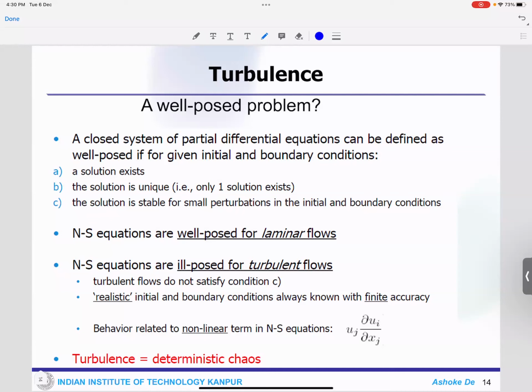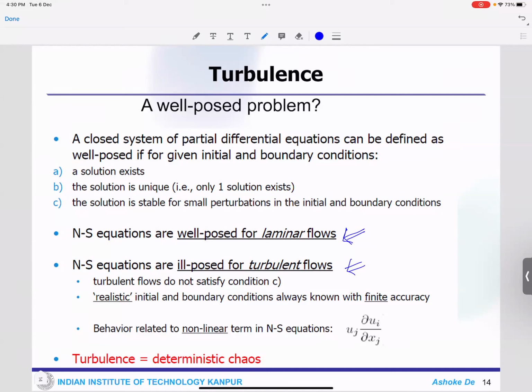So what it says is that your Navier-Stokes equation is a well-posed problem for laminar flows. But at the same time, if you go to turbulent flows, this is not well-posed. So this is ill-posed. Why?